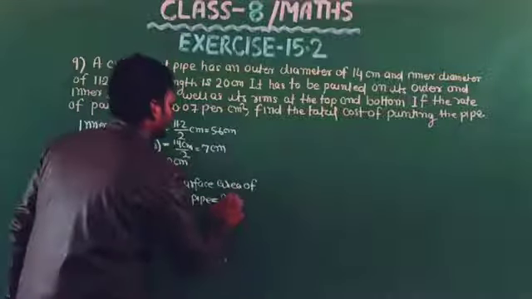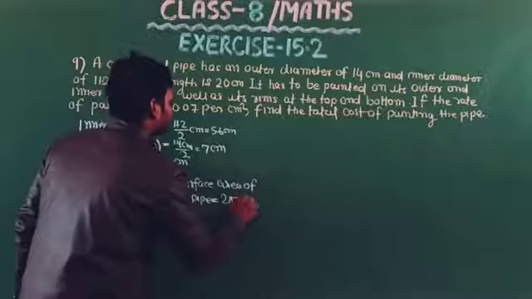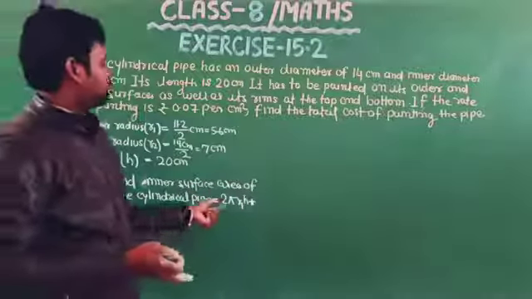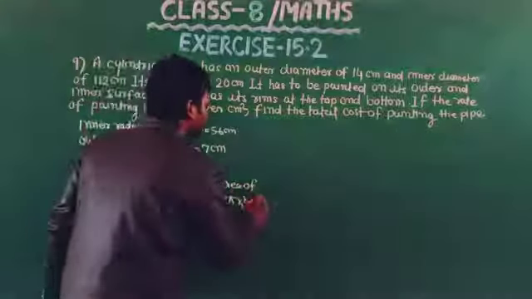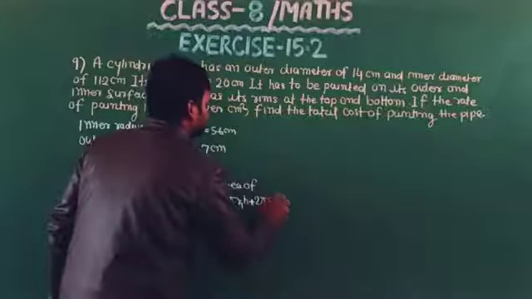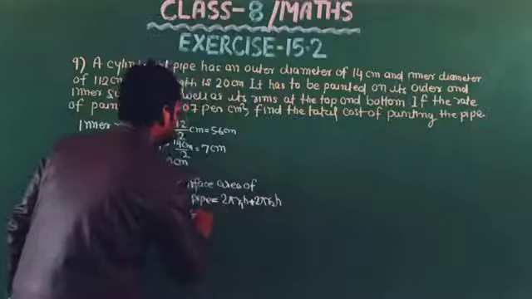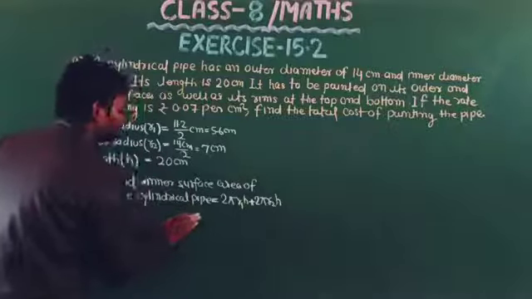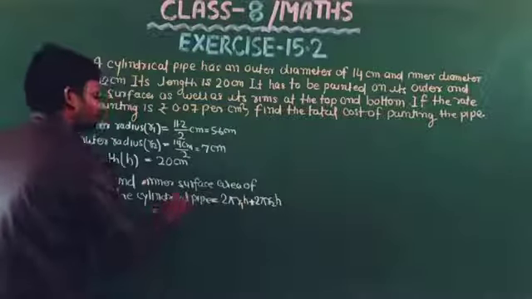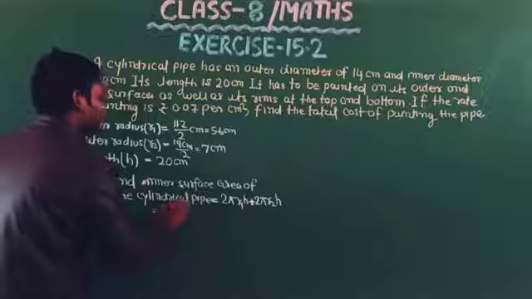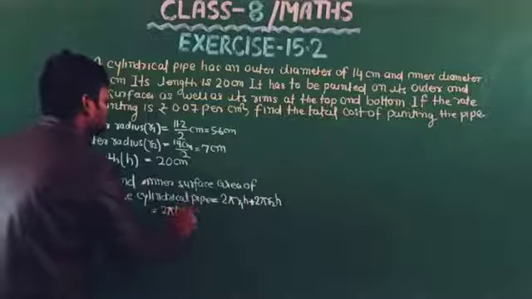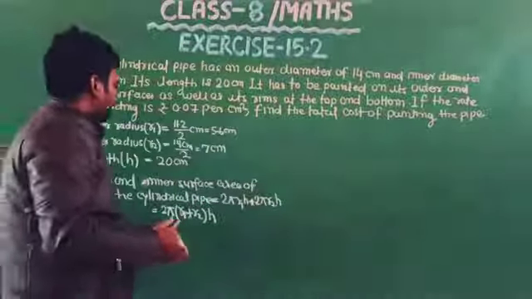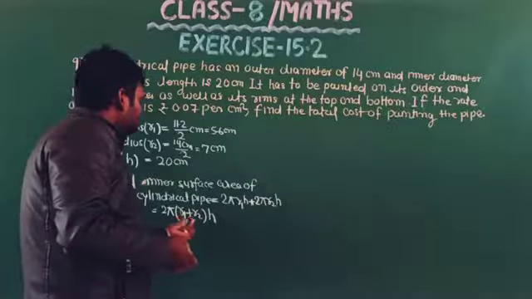using the formula 2 pi R1 H, this is the inner curved surface area, plus the outer, 2 pi R2 H. Okay, so here we can take 2 pi H as common, so this is 2 pi H times (R1 plus R2).